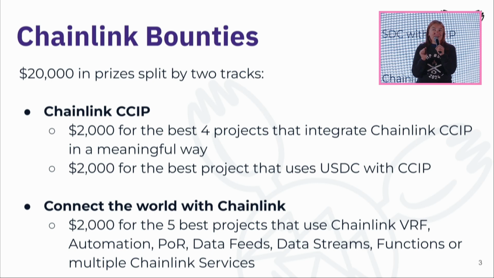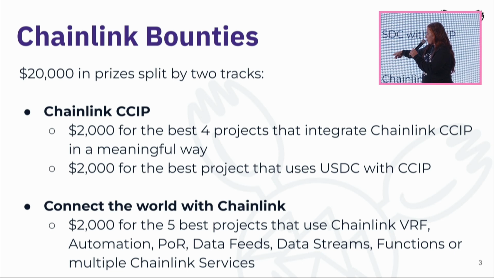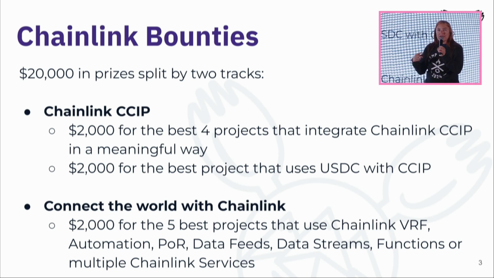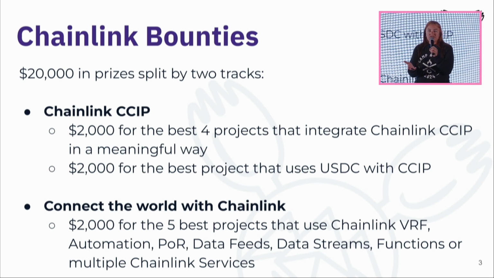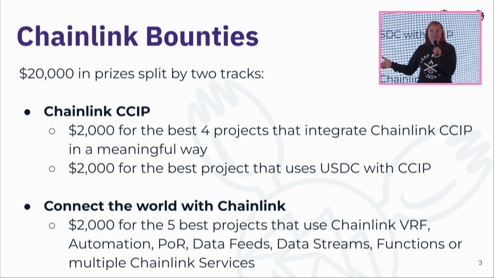I'm teaching you how to use USDC as well. And we also have more for the 5 best projects: 2,000 for each of these 5 best projects using any of the other Chainlink services. And if you use all of them, you can win in both tracks, maybe. Let's see.